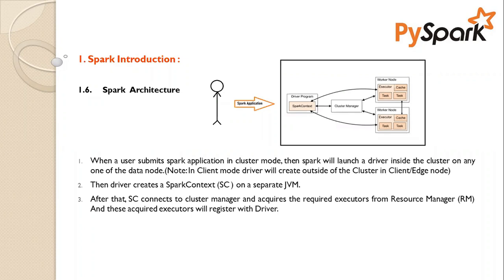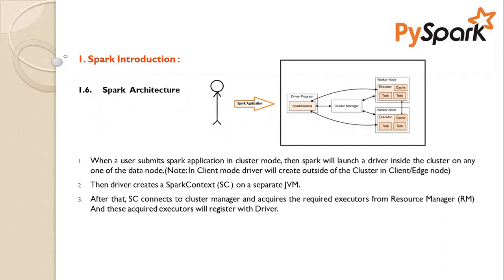Resources here are nothing but executors from the resource manager. The resource manager is the master process in the cluster manager. So the resource manager will allocate resources to the driver to execute the tasks.